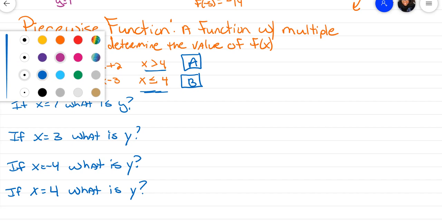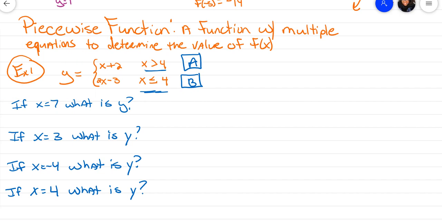So for this function, if x is 7, the directives say if x is greater than 4, we use this one. If it's less than 4, we use this one.